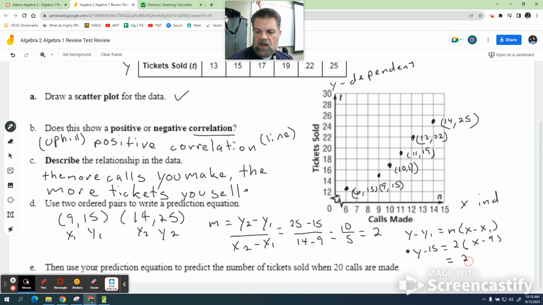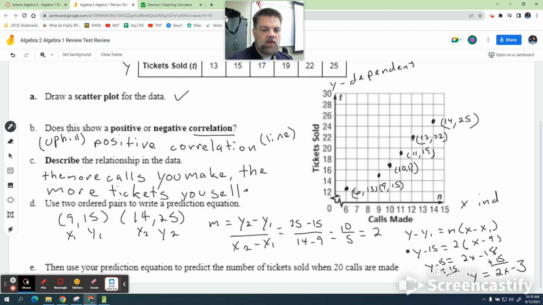Distribute the 2 through the parentheses. I got 2x minus 18 equals y minus 15. I'm going to add 15 to both sides. I get y equals 2x minus 3. I believe that's the equation of the line.